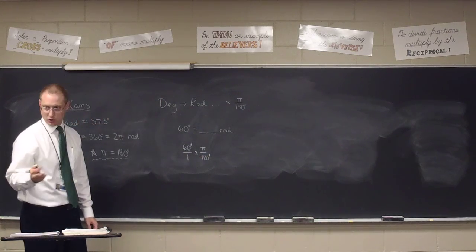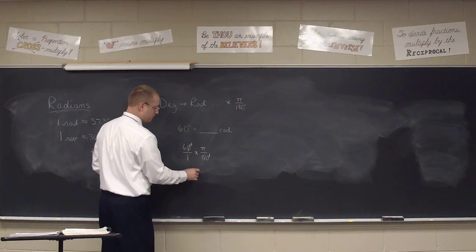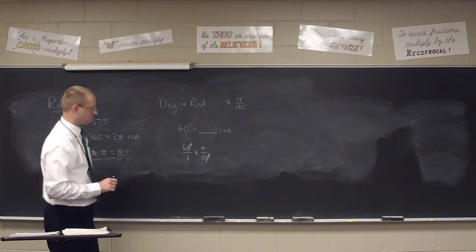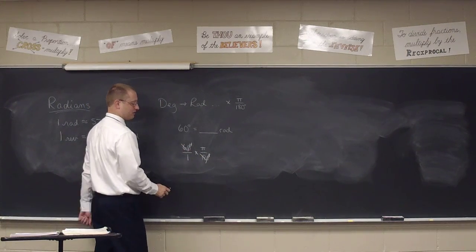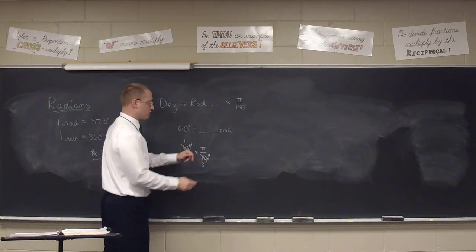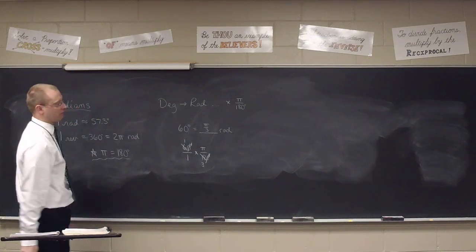Remember, we wanted to cancel the units. And we can divide a 10 from both of these. There's something else I can cancel, though. 6 can cancel out of both 6 and 18 to get 1, and if I multiply, I get 1 pi over 1 times 3, which is 3. We can leave it as an exact value, pi over 3 radians.